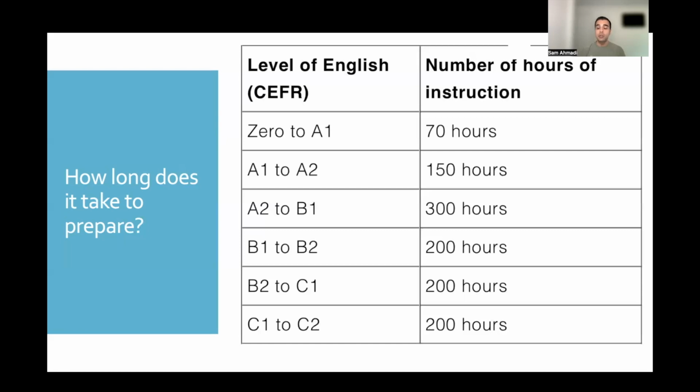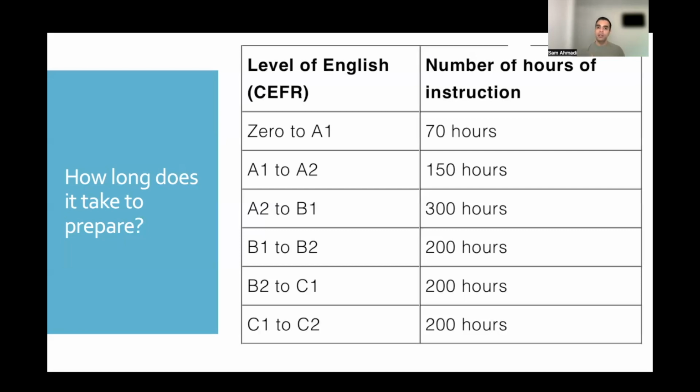On the other hand, if you speak a language where a lot is shared with English, for instance, if you speak any Romance language like Spanish, French, or Italian, because of the similarities in roots and the similarity in the system of that language, then you will probably need to spend less time. So these are rough estimates. Please keep that in mind as you proceed and plan.